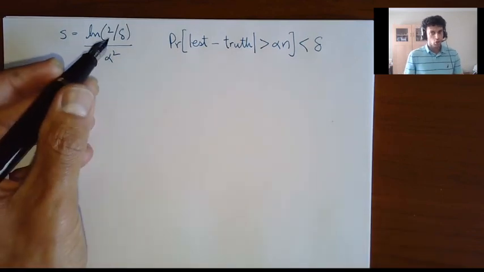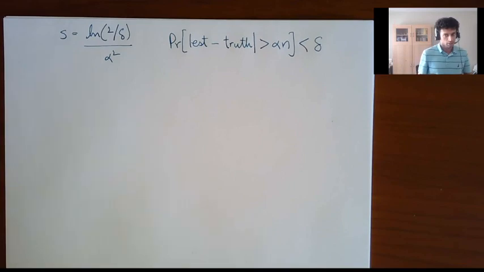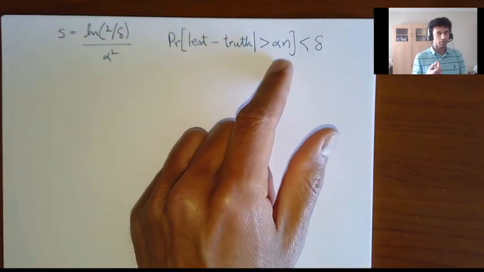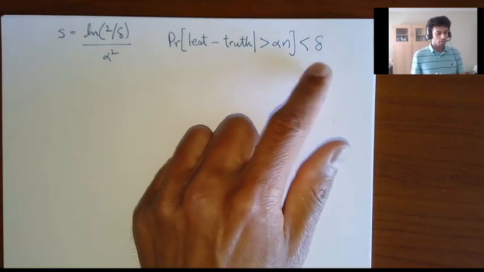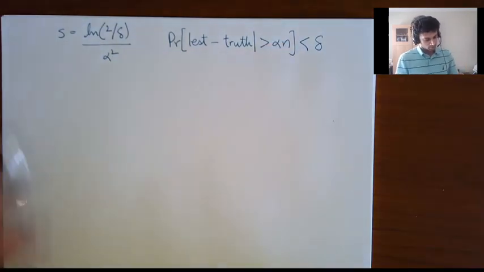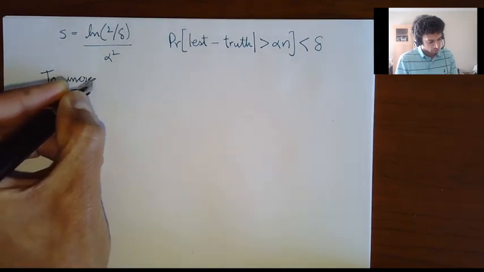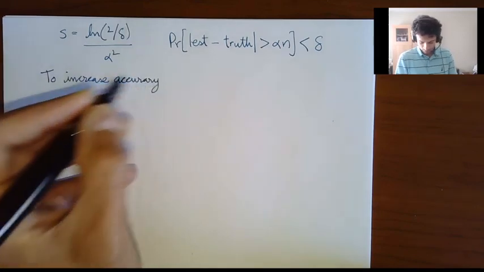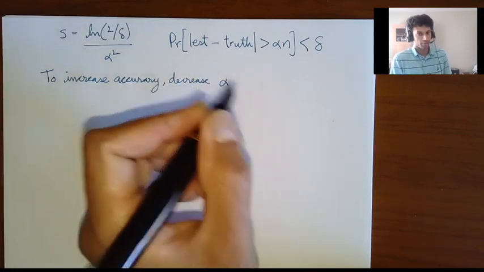Now let's look at this in terms of trying to understand two things. Ideally, you want to decrease both alpha and delta. When you decrease alpha, your accuracy increases. When you decrease delta, your confidence increases. So to increase your accuracy, you have to decrease alpha.